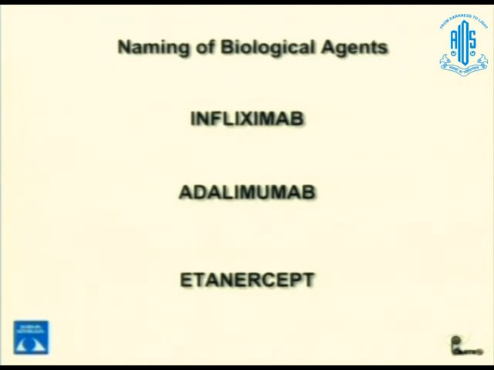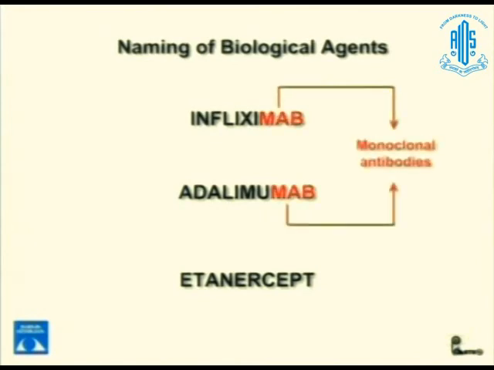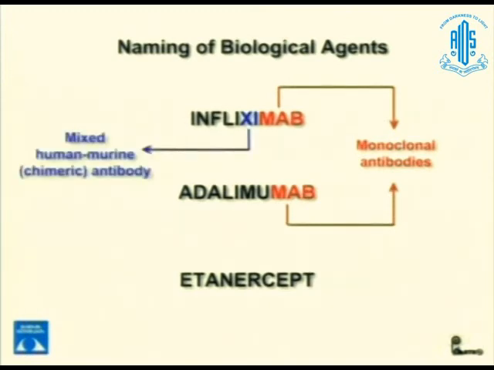So from the name of a biological agent, you can make out what kind of drug it is. There is the clue. If the suffix mab is there, it indicates it's a monoclonal antibody. Now if the zu is there, it means mixed human murine, murine standing for mice, so it's a chimeric kind of antibody. If the mu word is there in a biological agent, it indicates it's a human antibody.